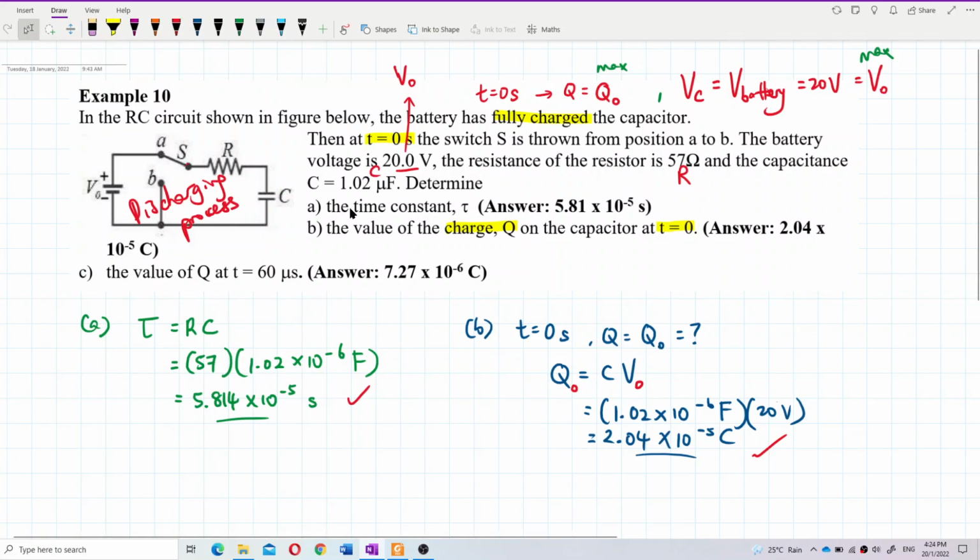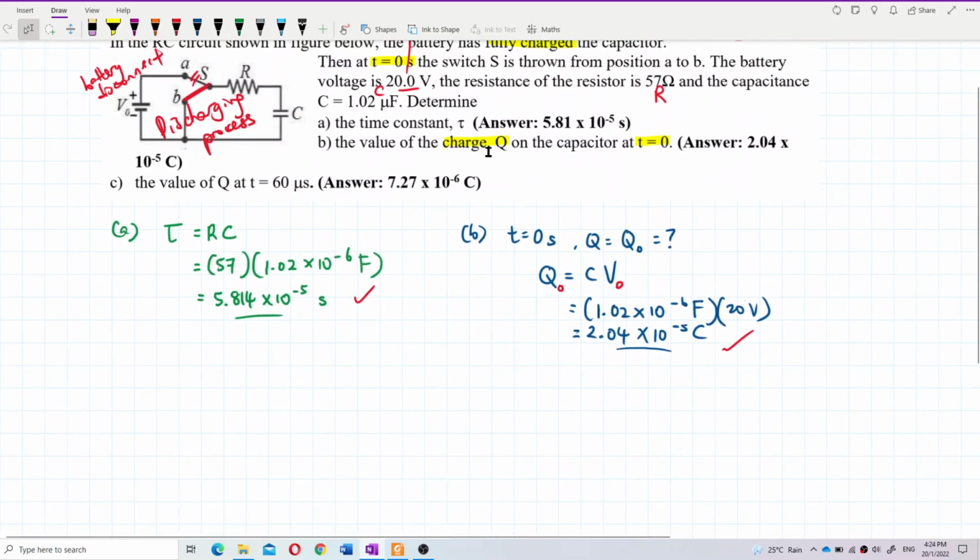Once you connect the switch to point B, then the discharging process happens through the resistor, because the battery is already disconnected. No more charging.